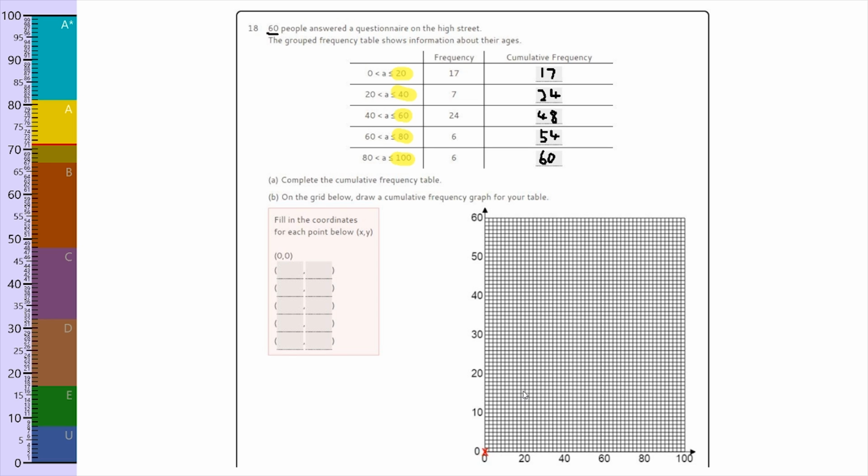Now I'm going to be rubbish at this because I cannot use this thing accurately, but hopefully yours are better than mine. It's 24. 1, 2, 3, 4. I'm actually going cross-eyed. 60 would be 48, so 60 is roughly there.